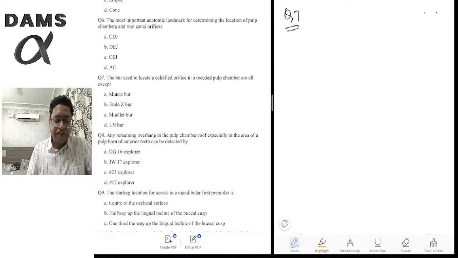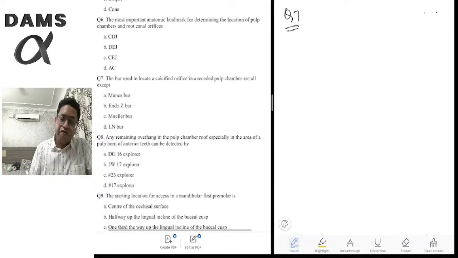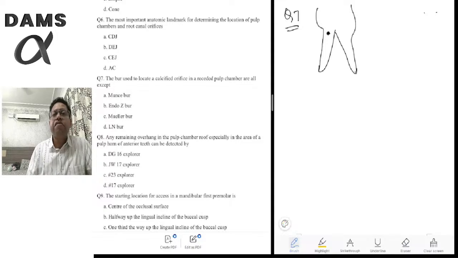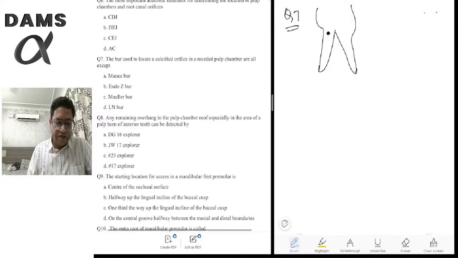So there is basically a tooth with a receded pulp chamber, and the root canal orifices have gone down. Calcified root canals are there, thin orifices are there. Which burr would be used for them? All except Munce burrs, Endo-Z burr, Mueller burr, or Allen burr.